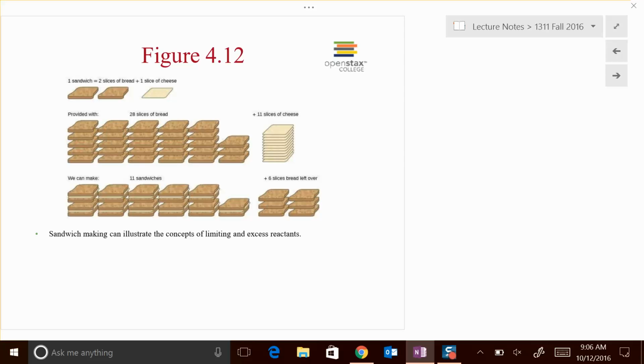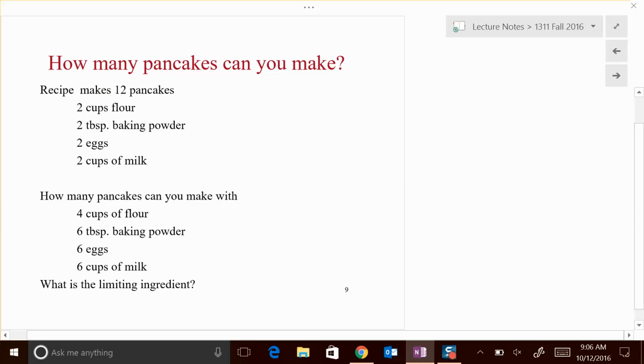Okay? So that's kind of the same idea for what we're talking about with these moles, or how many moles we start out with of something and how much it is going to produce. Okay? Here's another example. This is my recipe: 2 cups of flour, 2 tablespoons of baking powder, 2 eggs, and 2 cups of milk to make 12 pancakes.